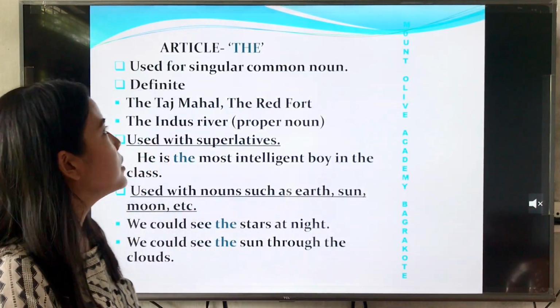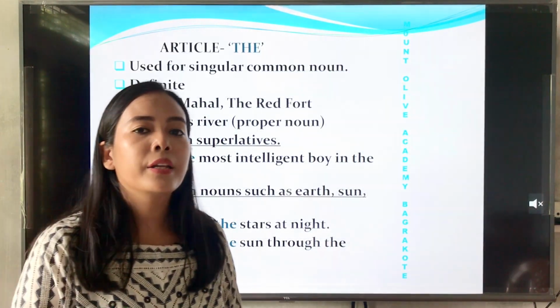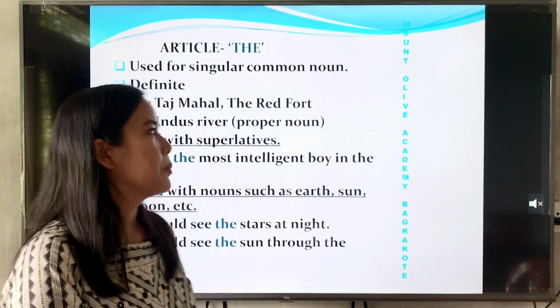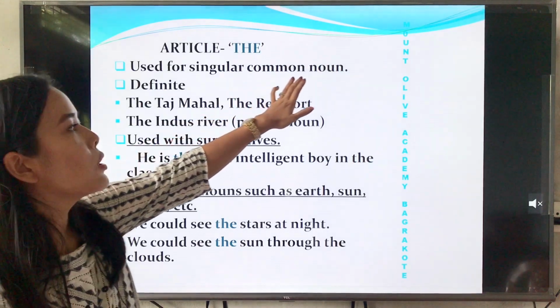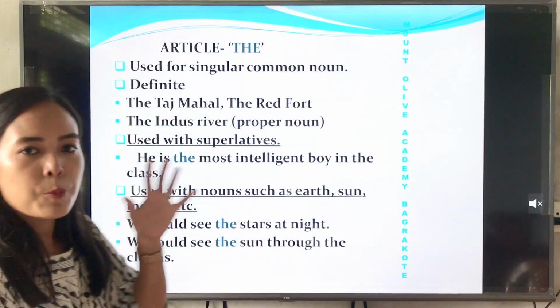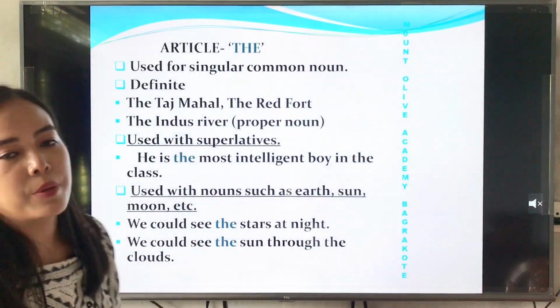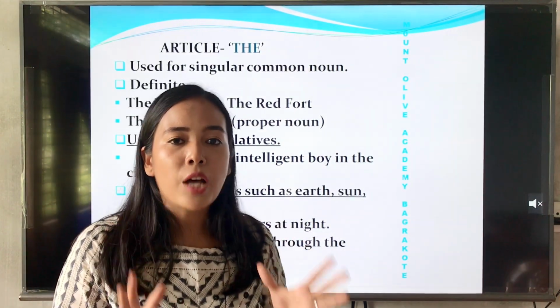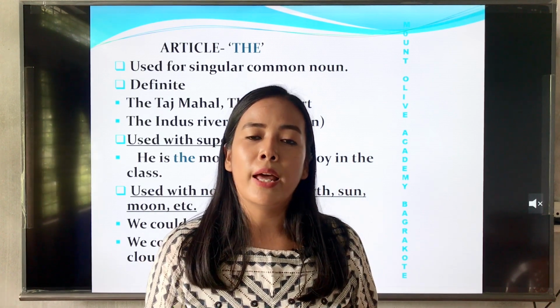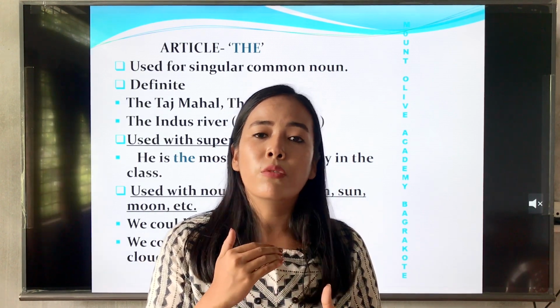Now the last one is article the. Article the is definite. It talks about specific things or people. Used for singular common noun. Definite means specific. For example, the Taj Mahal. We know that there is a Taj Mahal. There is only one Taj Mahal in the whole world, and it is one of the 7 wonders of the world.